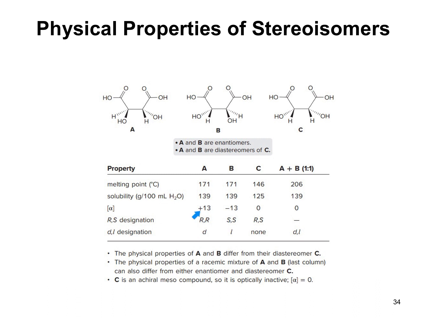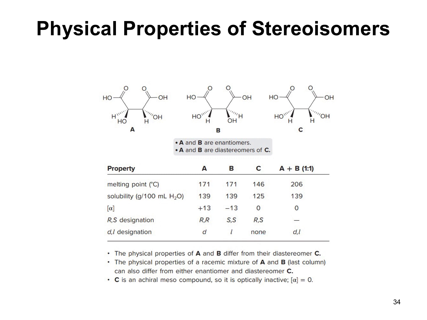And this is D because it's positive, and this is L because it's negative. Now, if we look here at C, it's got a different melting point and different solubility. And then we also see its rotation in plane polarized light is 0, as well as its designations here. And so it doesn't get a D or L designation.